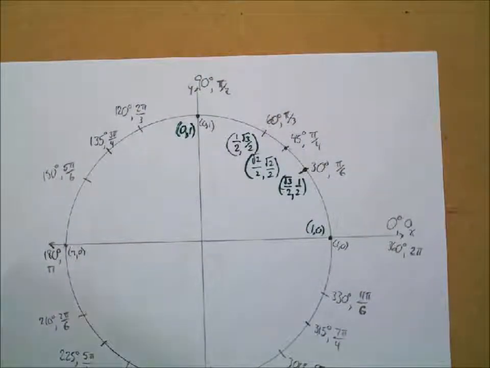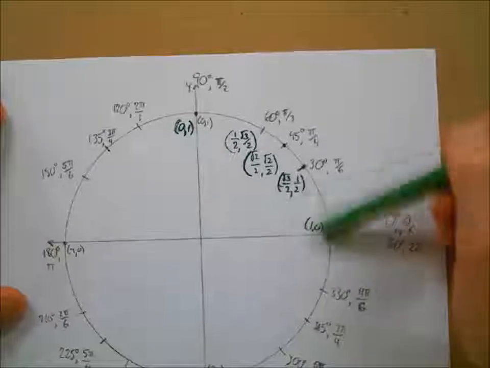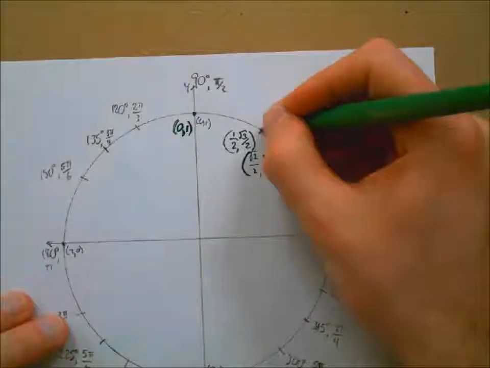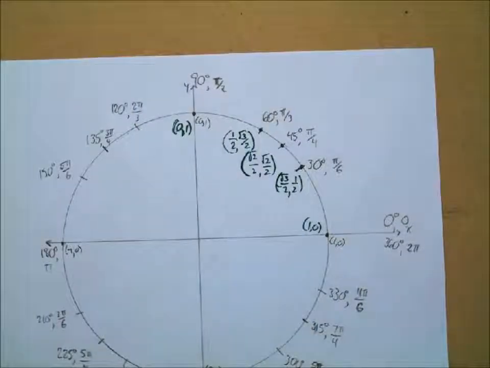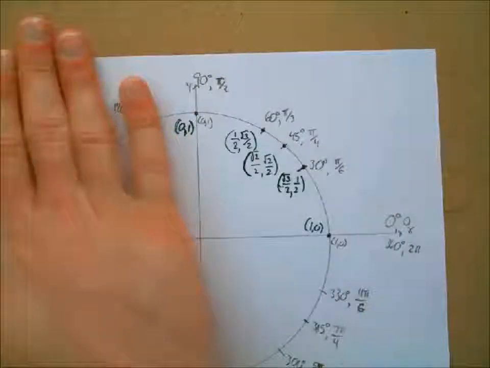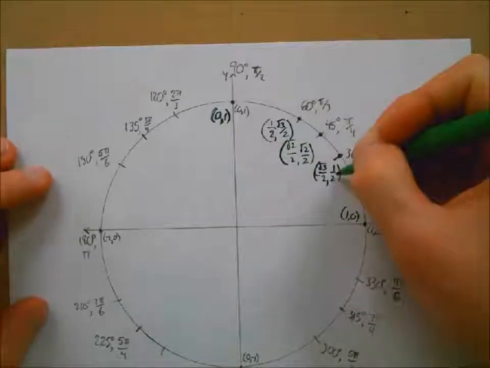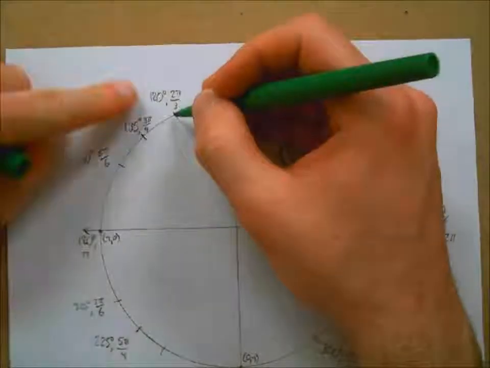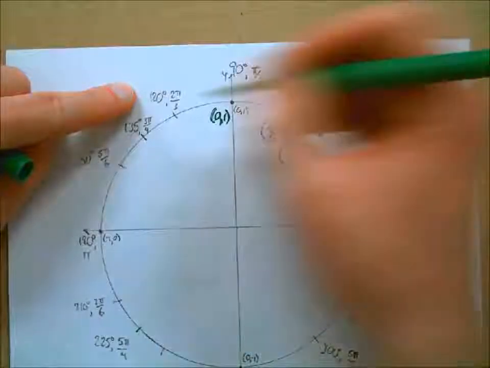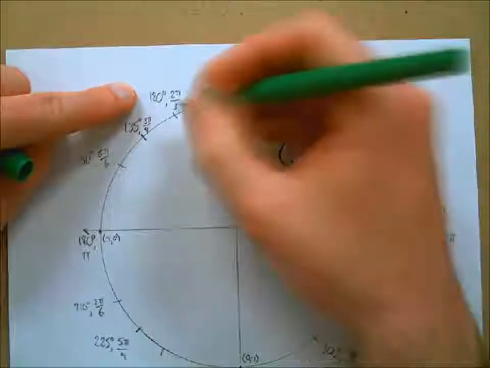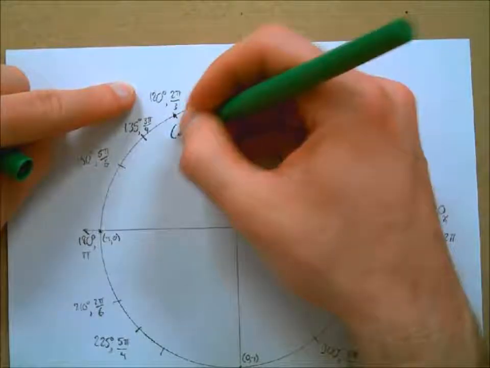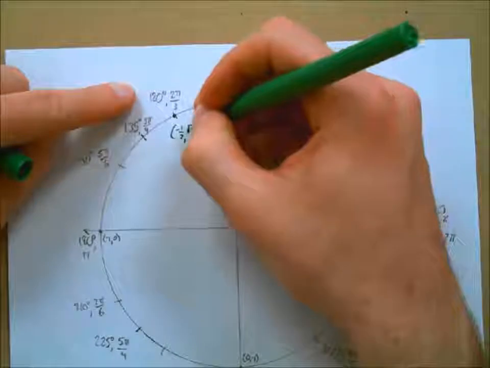So when we reflect these points over the y-axis, what happens to the x-coordinates? They'll become opposites. What happens to the y-coordinates? Nothing, they stay the same. So all these y-coordinates are going to stay the same. So for example, here at 120, that is a reflection of 60, or pi over 3, over the y-axis. So the coordinate here is just going to be negative 1/2, comma, positive root 3 over 2.